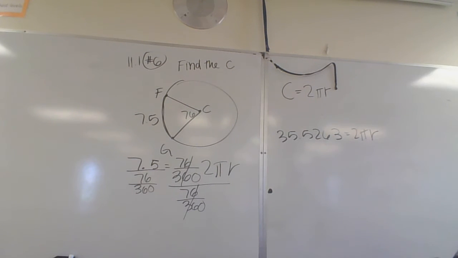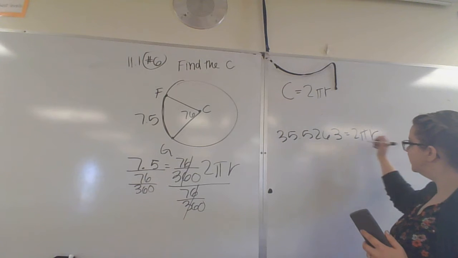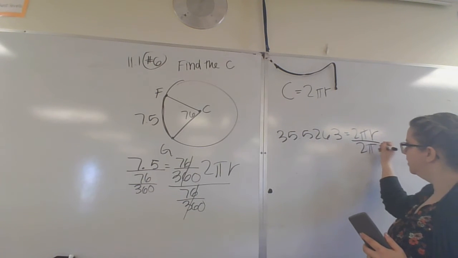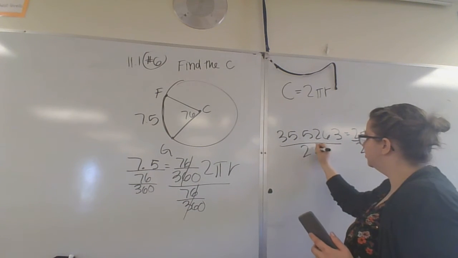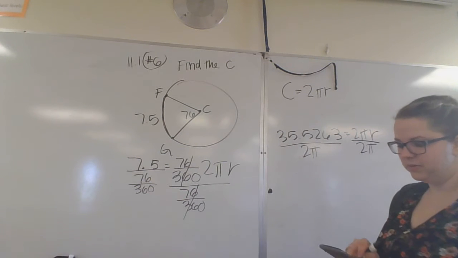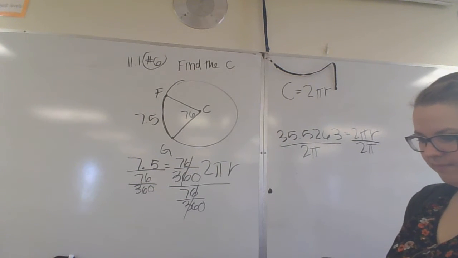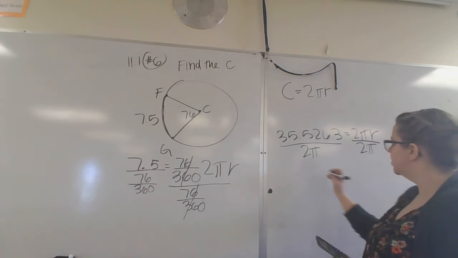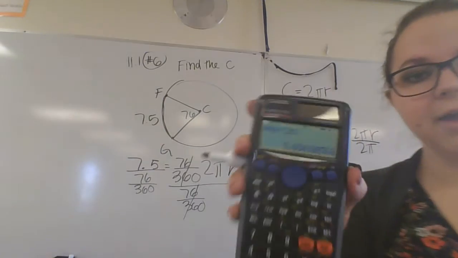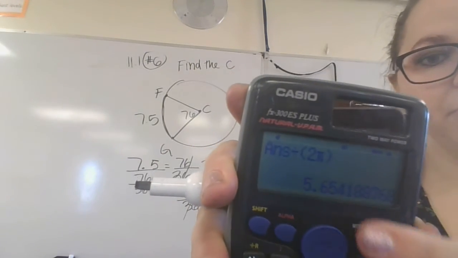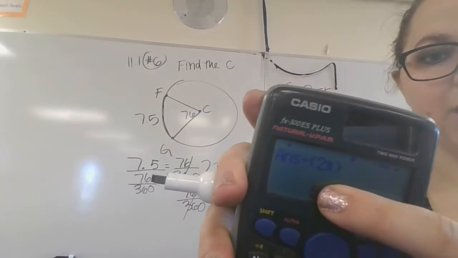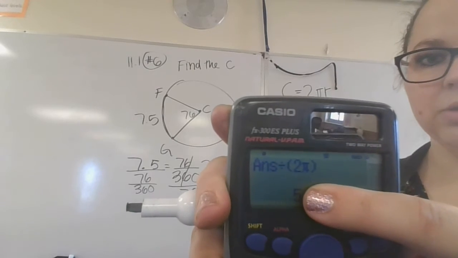Now I want to get r alone. I can divide this side by 2 pi. Again, when you divide by 2 pi, you need to put parentheses around your 2 and your pi, or else it's going to do it wrong.